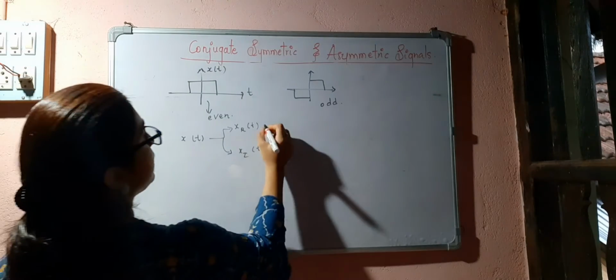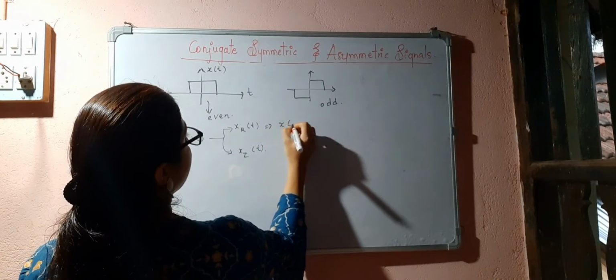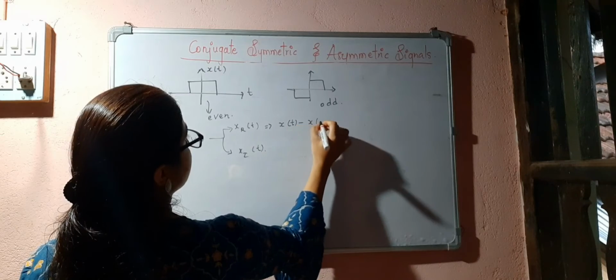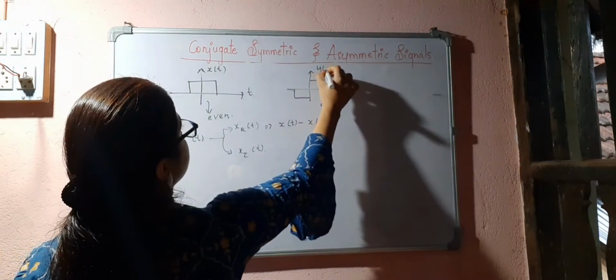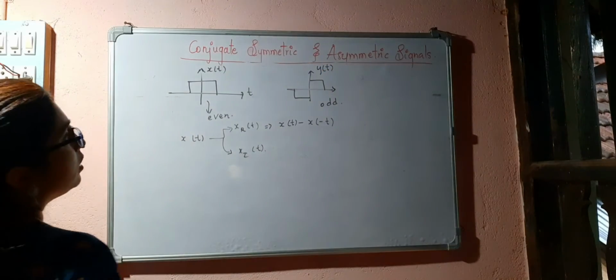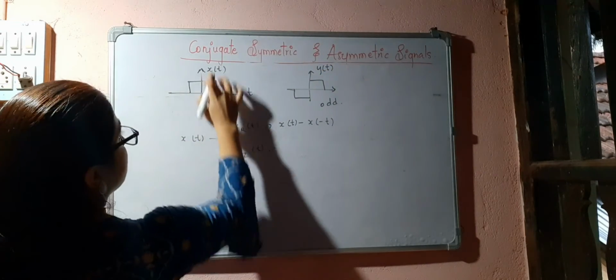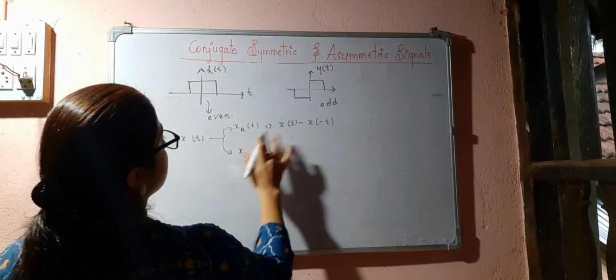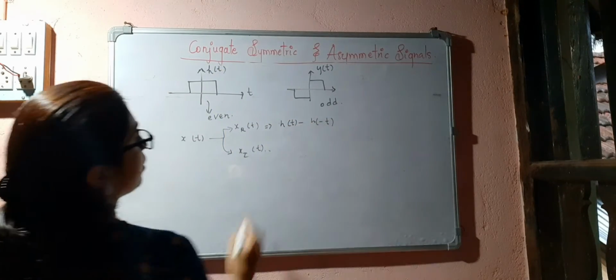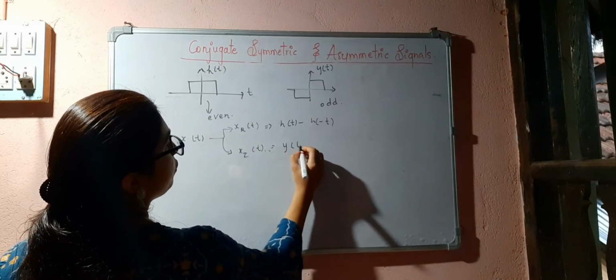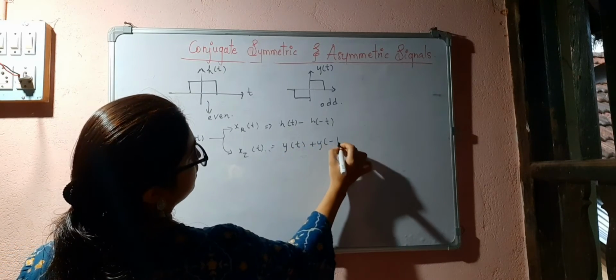The real part is nothing but x of t minus x of minus t. Okay, I will consider this as y of t. This as h of t, let us consider. And here it is y of t plus y of minus t.